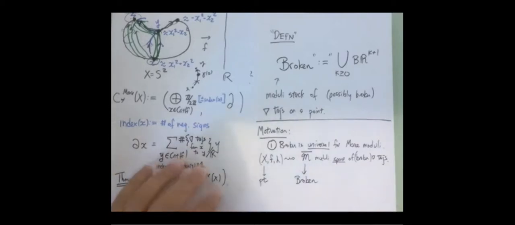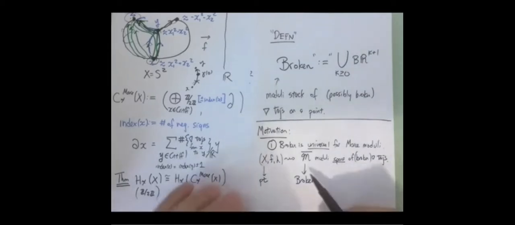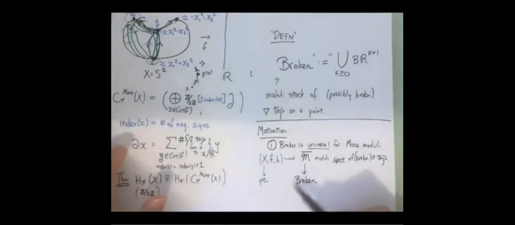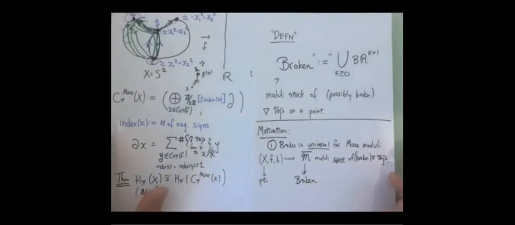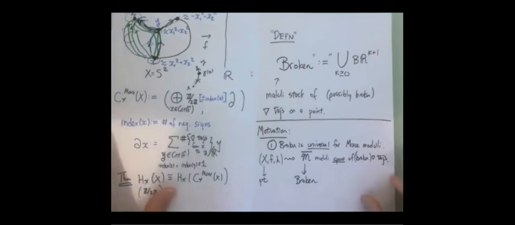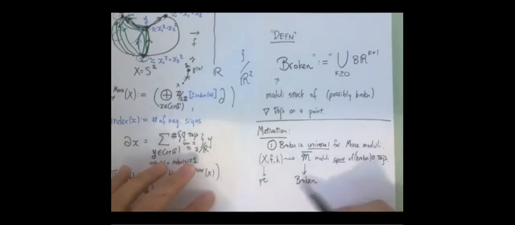And so the way that you can think about this is, if your universe consists only of Morse moduli spaces, broken is kind of acting like Spec of the integers. It's like the point that you map to. It's like the terminal object in this category of moduli. And of course, it's wonderful to have such a thing, because if I wanted to understand moduli spaces for not just X, but say X times Y, you can imagine taking a fiber product of the M bars that we get from X and from Y over broken.